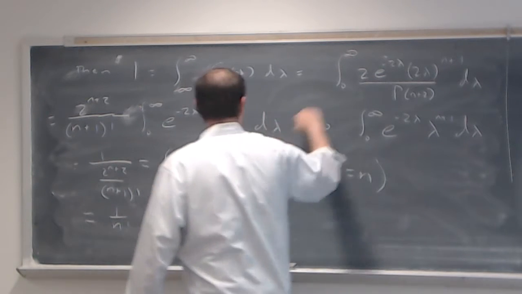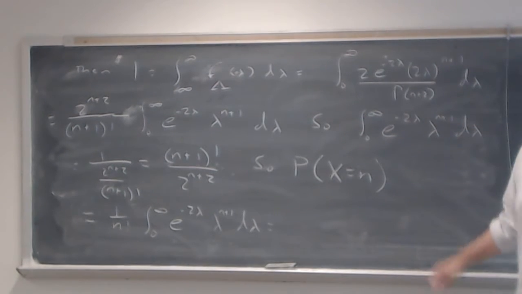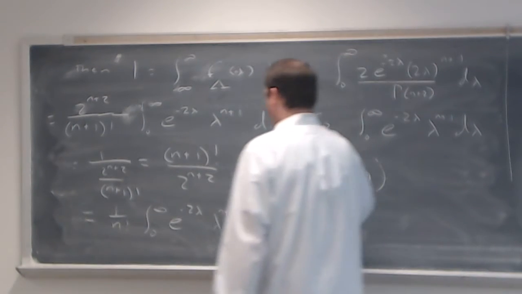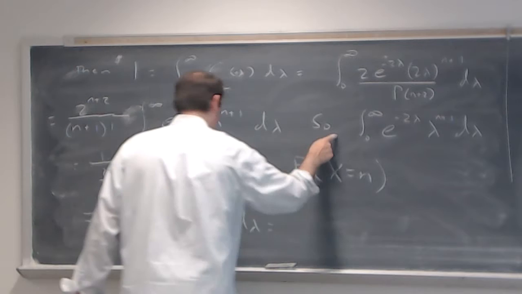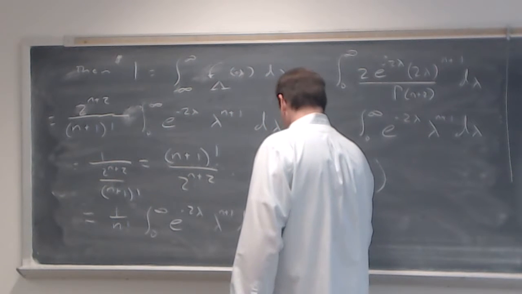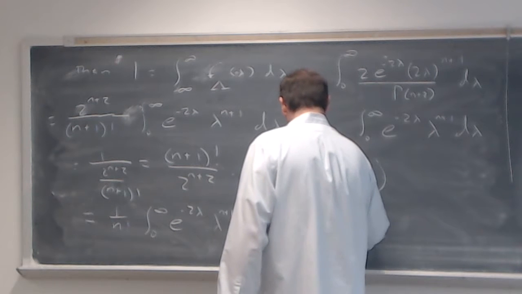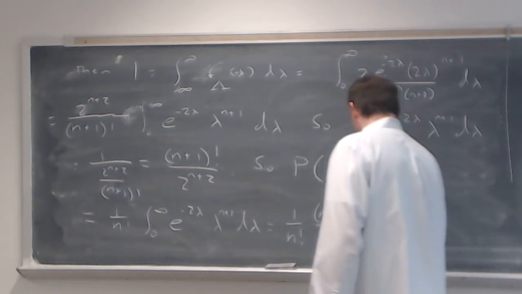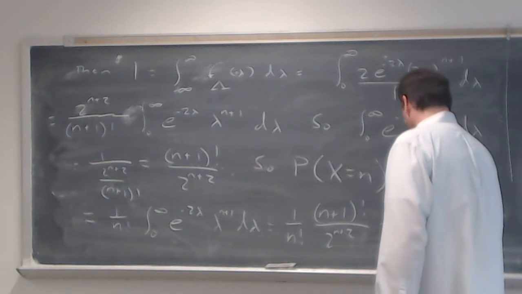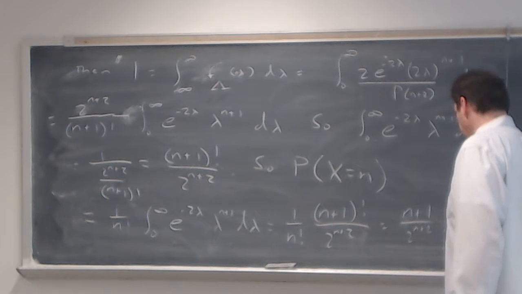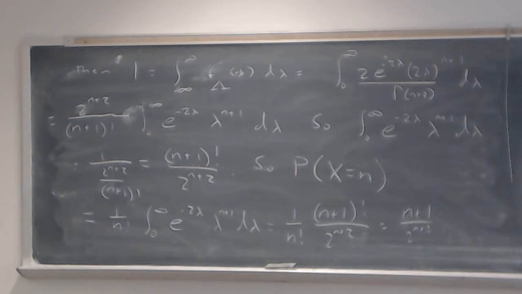So using the trick and the observation that we noticed involving a gamma distributed random variable, we know what that integral is. So this would be equal to 1 over n factorial times n plus 1 factorial over 2 to the n plus 2. That yields n plus 1 over 2 to the n plus 2, and that's the answer for this problem.